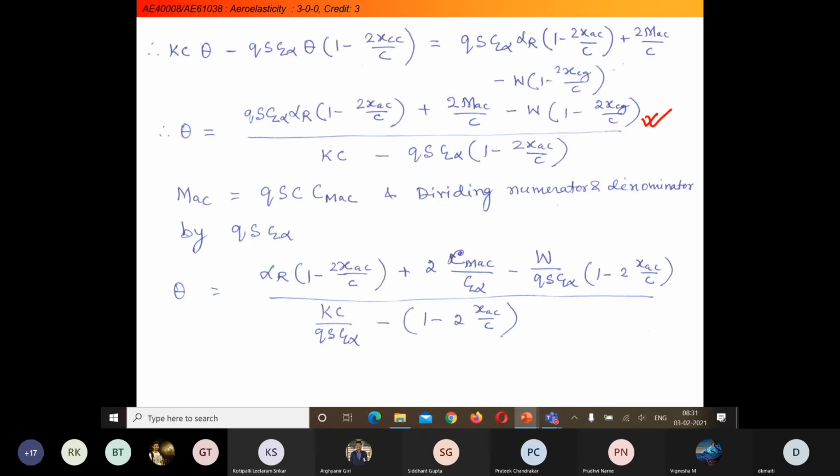Simplifying this expression, dividing the whole equation by Q S C L alpha, we get alpha R into (1 minus 2 X SC by C) plus 2 C M AC by C L alpha minus W by Q S C L alpha (1 minus 2 X CG by C), and the denominator part will be K c divided by Q S C L alpha minus (1 minus 2 X SC by C).